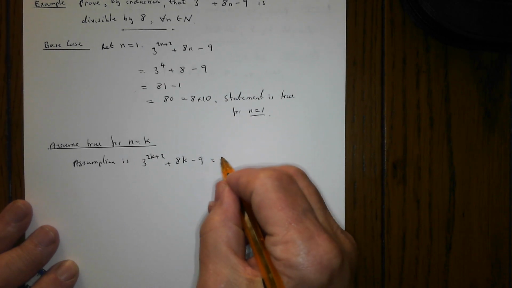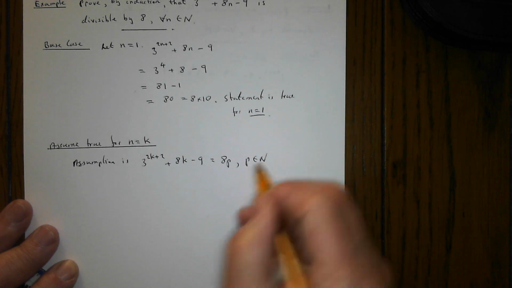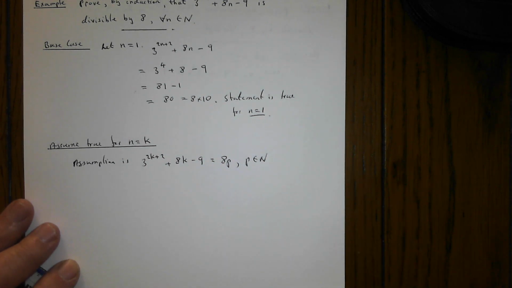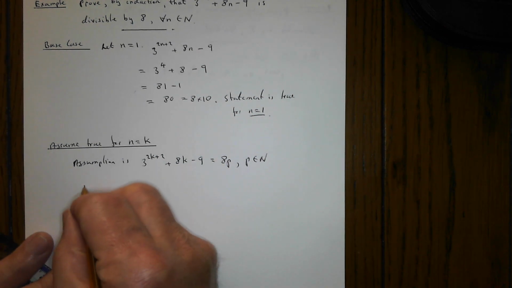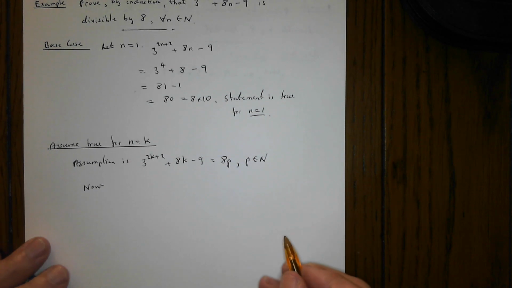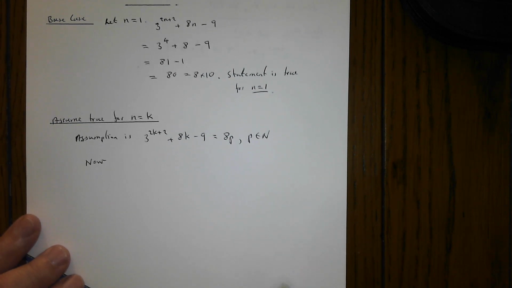So therefore it equals 8 times, say, p, where p is a natural number, because it's divisible by 8. So that's my assumption. But what I want to really look at is what you get when n is k plus 1, and can we show that that is true? And we can use this assumption.